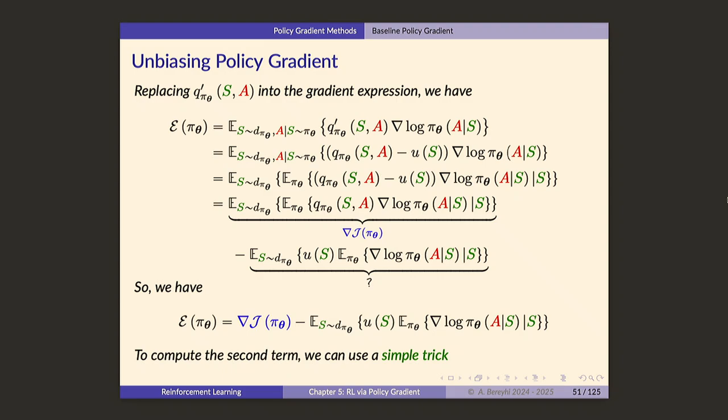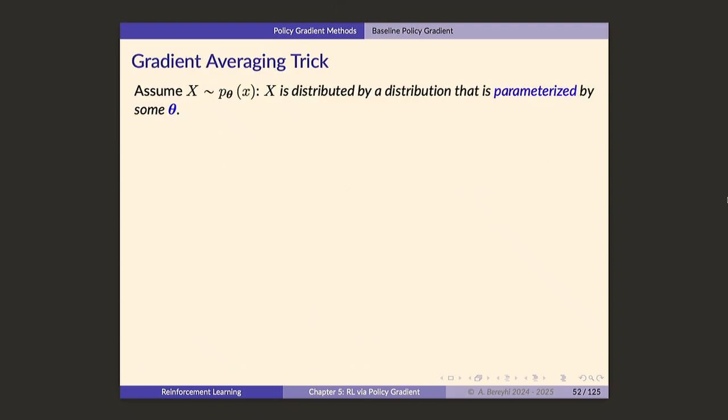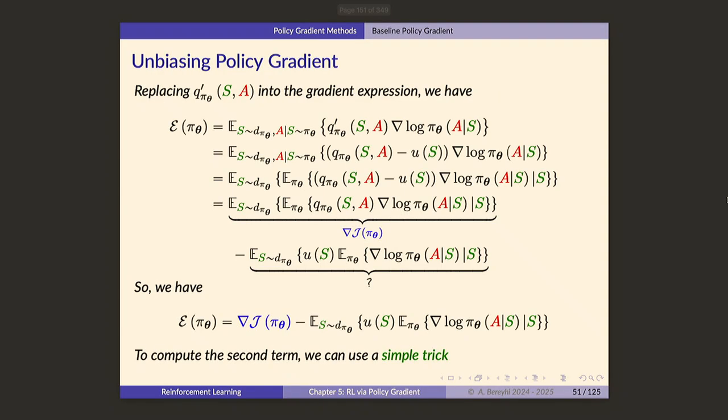Cool. Now, let me clean up everything for you right now, and let's just work with basic random variables. I have this x, which is distributed with some distribution p theta. This p theta is actually my pi theta, but I want to make the notation easier right now. And now I want to compute the expectation with respect to pi theta of the gradient of the log.